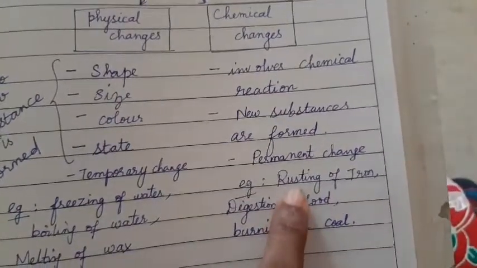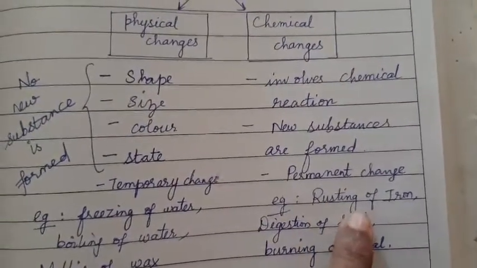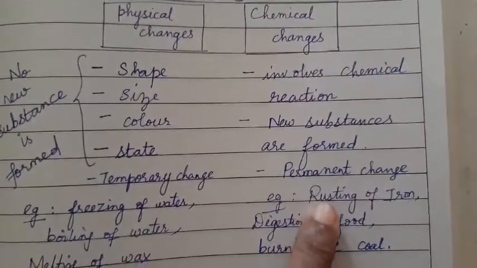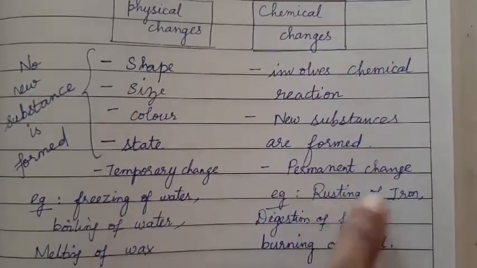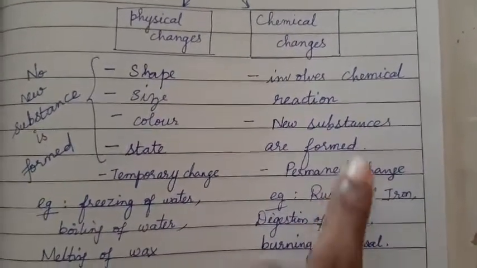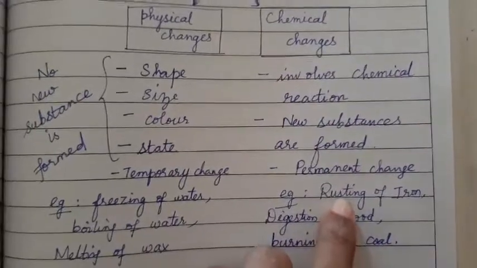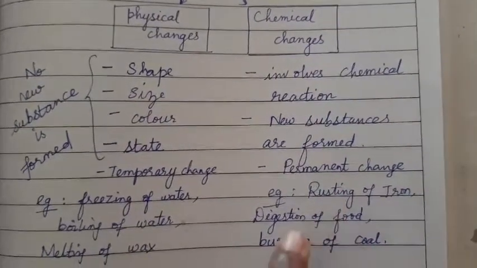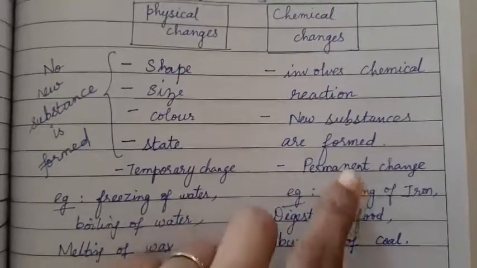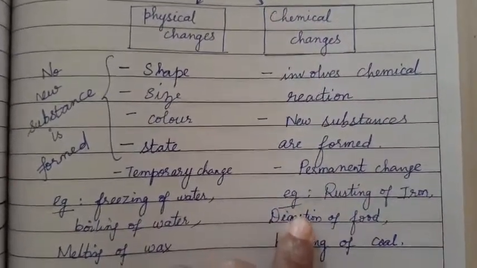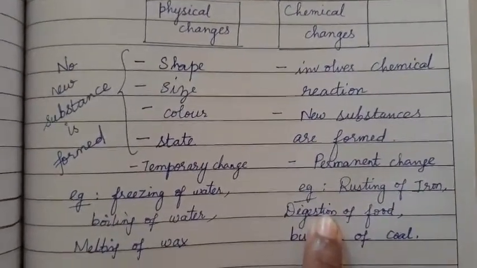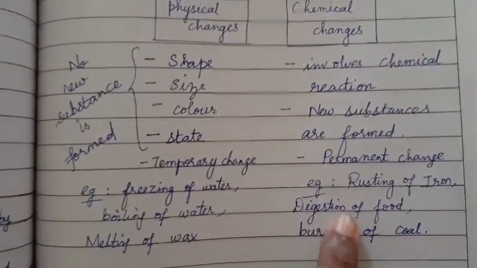Now look at these chemical change examples. Rusting of iron. Iron is a different material, rust is a different substance. So there occurs a difference in the composition because of the formation of a new substance, that is rust. Digestion of food. When we eat the food, it's a different one, and after the process of digestion, the waste which comes out is a different substance.